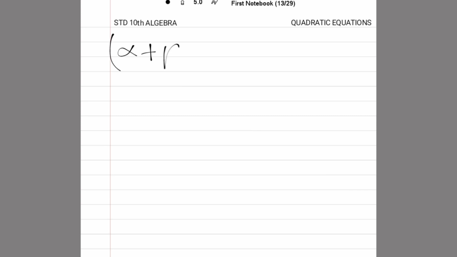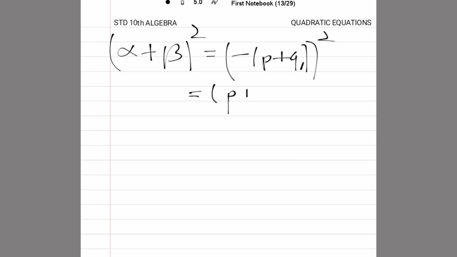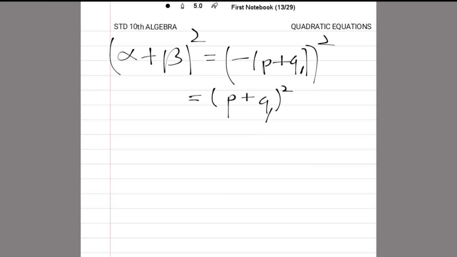So alpha plus beta whole square will be minus p plus q whole square. So that will become p plus q whole square, right? So this is what we have for alpha 1.